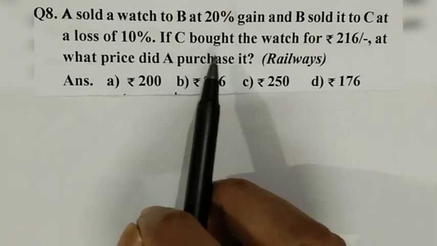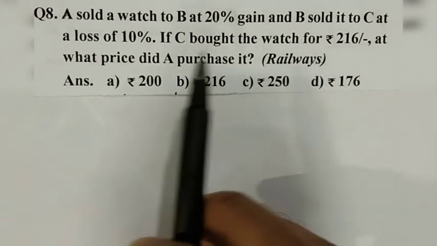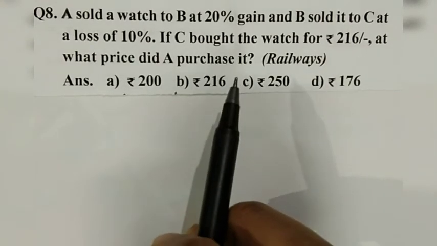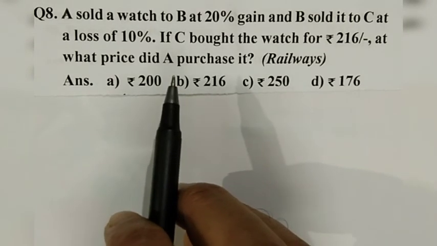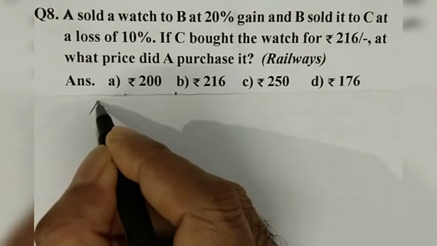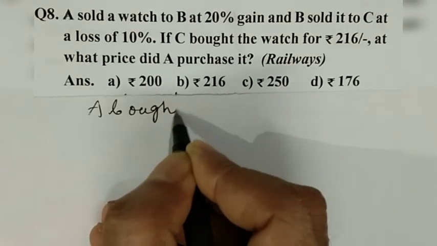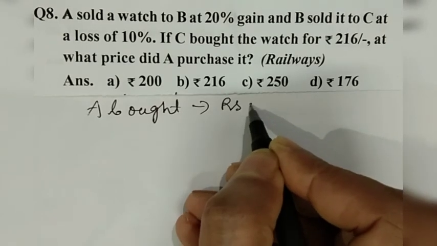If C bought the watch for rupees 216, at what price did A purchase it? Suppose A bought it for rupees X. Okay?